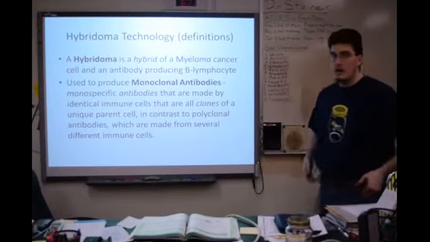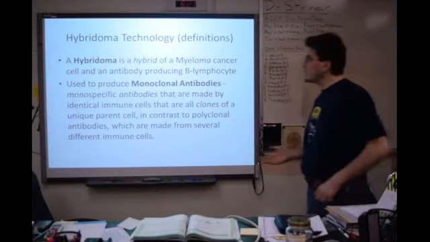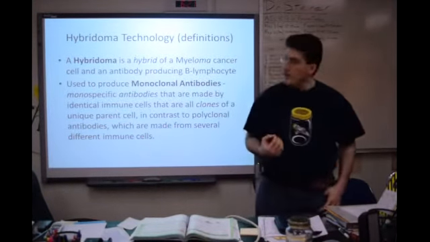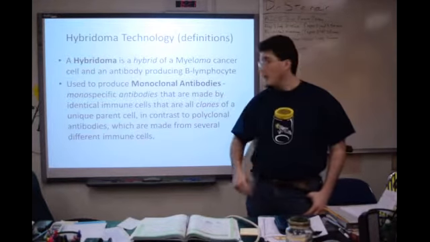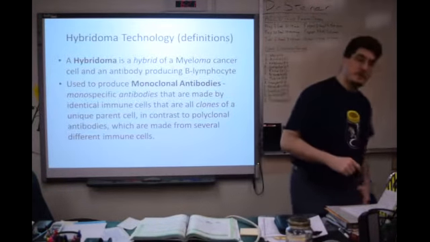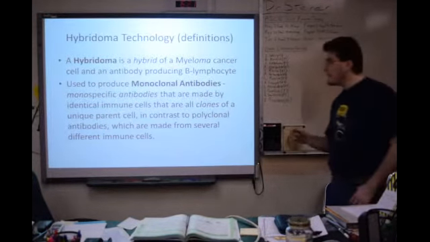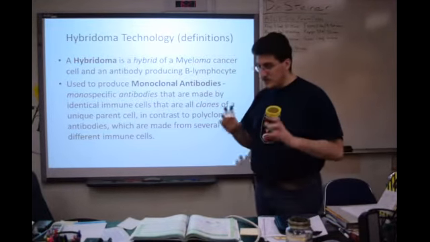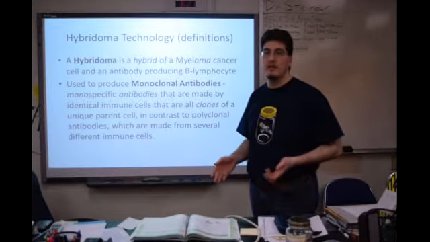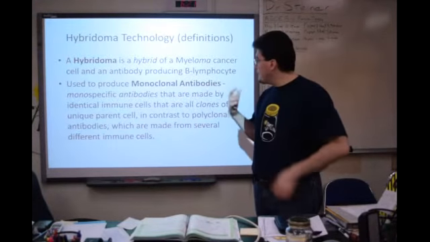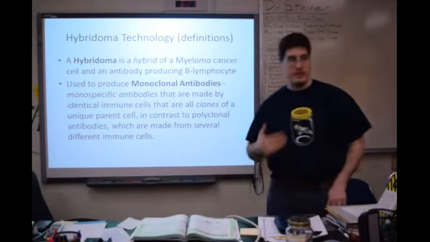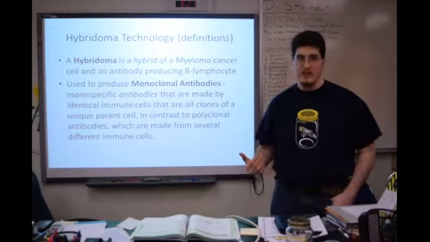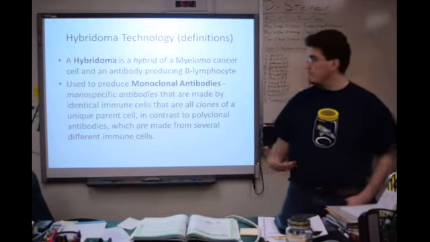So now, let's start by discussing hybridoma technologies. Hybridoma is a hybrid of a myeloma cancer cell and an antibody-producing B lymphocyte, which is the definition of a plasma cell. A B lymphocyte doesn't start producing and releasing circulating antibodies until it is a plasma cell.